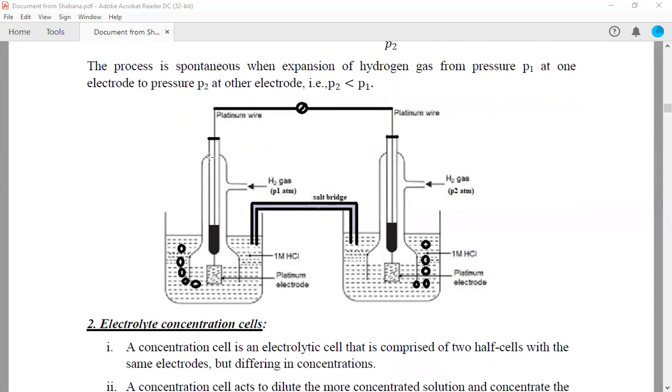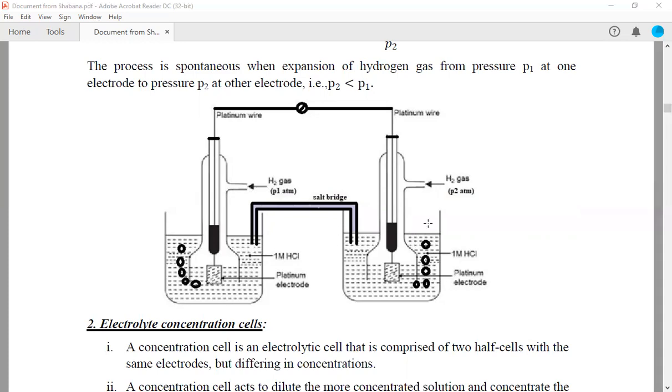It consists of the platinum electrode, which is placed in the inverted glass tube, and it has one inlet pipe to pump the hydrogen gas at the pressure P1.